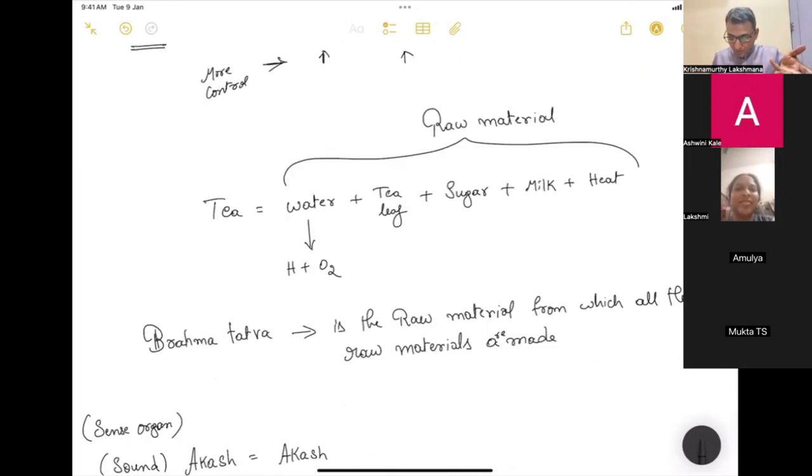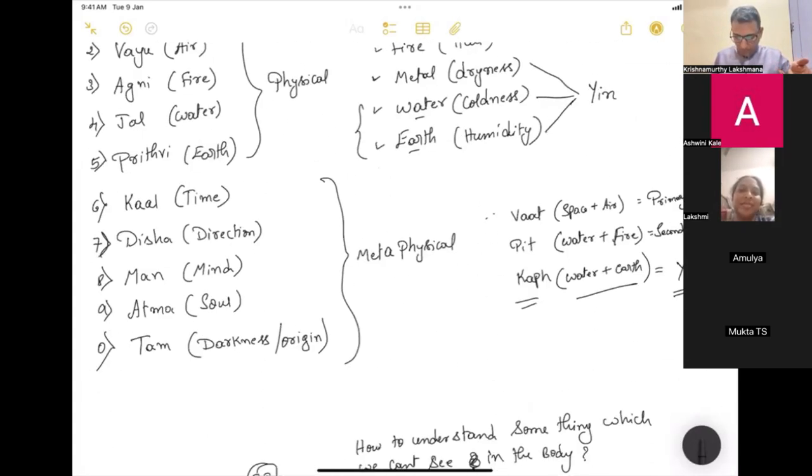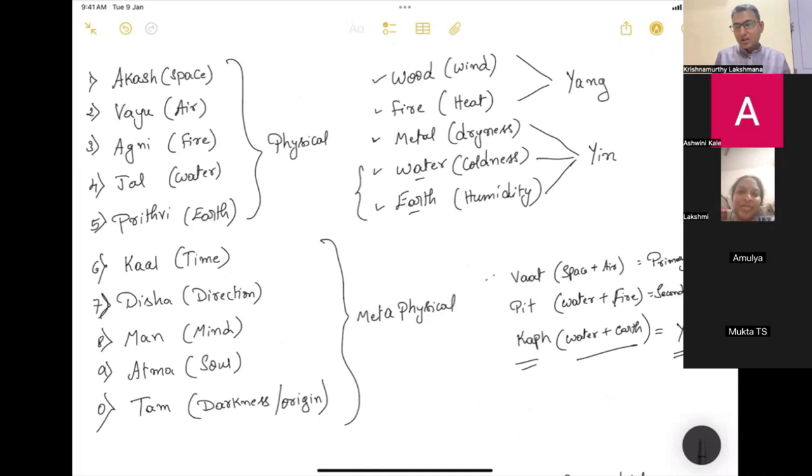What all constitutes yang? Wind and heat, wood and fire, constitute yang. Metal, water, earth constitute yin. Of these two, which will move more? Wind and heat will move more in comparison to metal, water and earth.